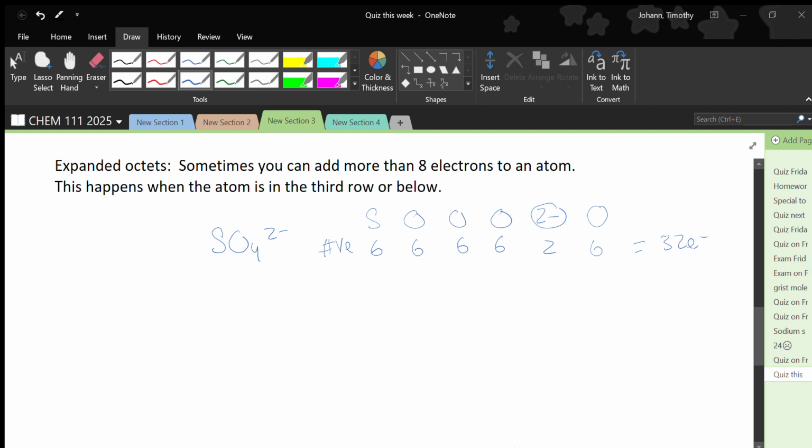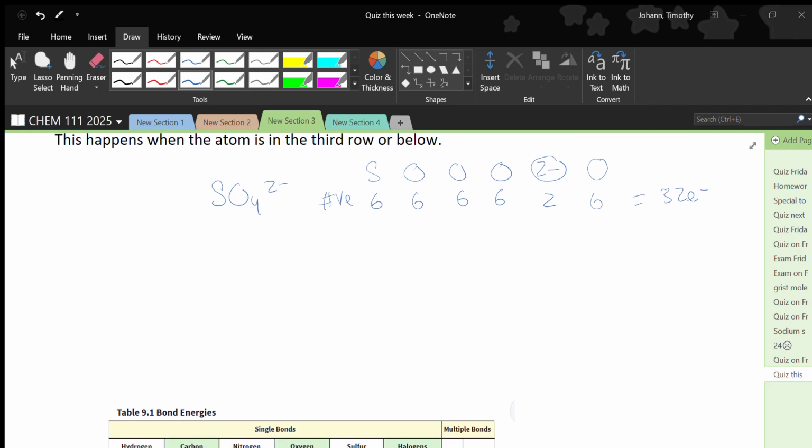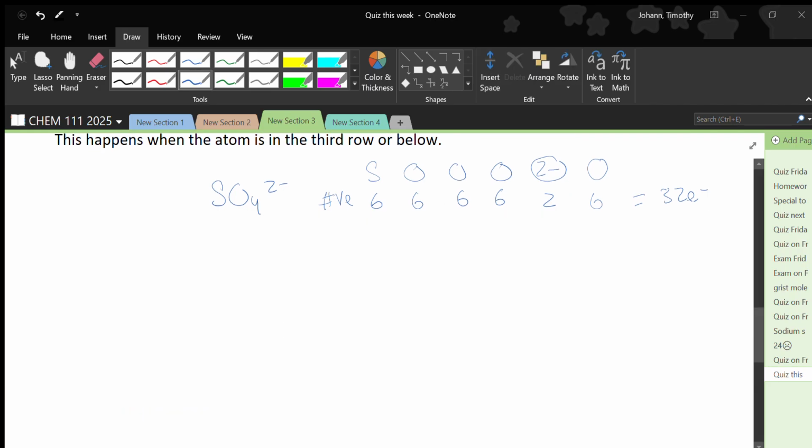All right, and for speed, I'm going to go ahead and draw a few of these, and we'll talk about why we expand the octet. It'll be good practice for some things. And so for sulfate, what we can do is I could draw it like this.